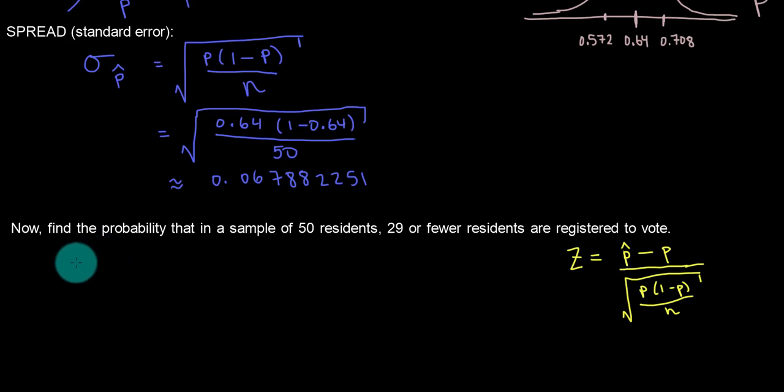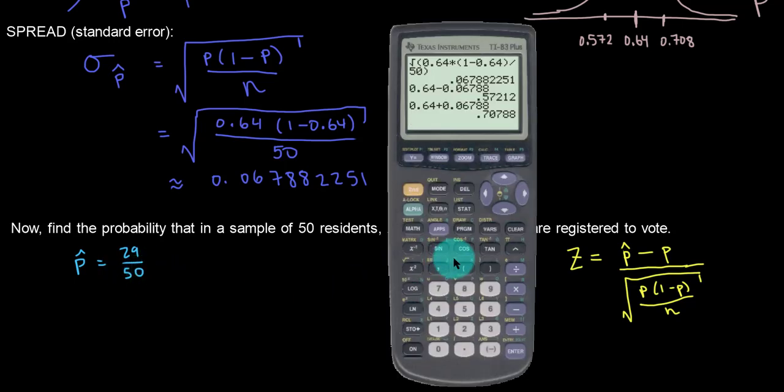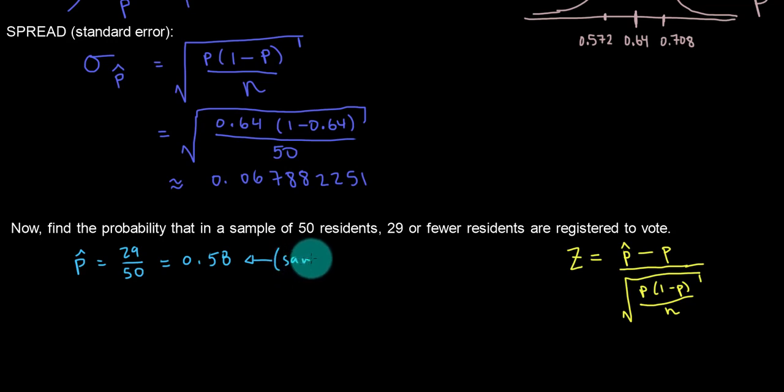That is our sample proportion. That would be the 29 out of the 50. Let's get a decimal for that. 0.58. So this is the sample proportion of interest.